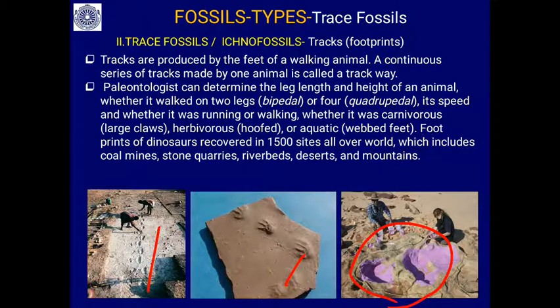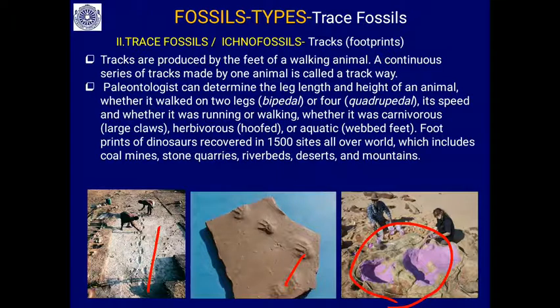So, the paleontologist can determine the leg length, the height of the animal, whether they walked on two legs, bipedal, or quadrupedal, its speed, whether it was running or walking, whether it was a carnivore if they have claw prints and all. All these details they are able to extract from studying these footprints.